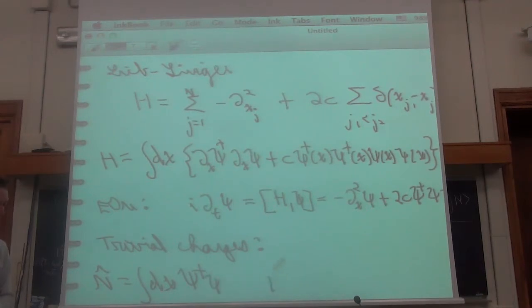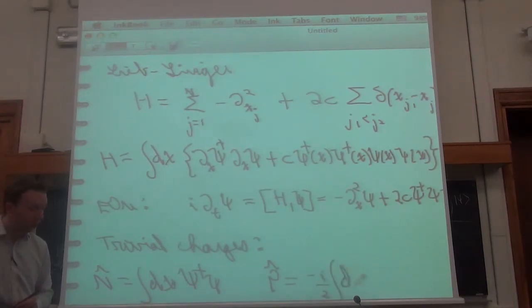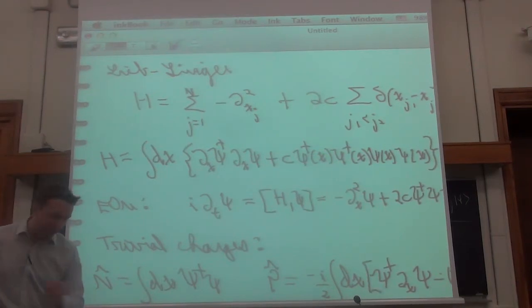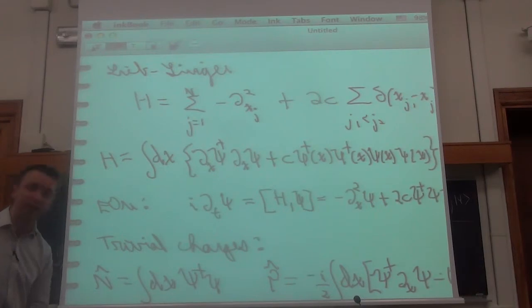And you have the momentum operator, which you can also just write in a symmetrized form, minus i over 2, integral dx psi dagger dx psi minus dx psi dagger psi. Okay, so you can verify that these two objects commute with the Hamiltonian in the second quantized formulation. Therefore, eigenstates of the theory will have a well-defined number of particles and a well-defined momentum.